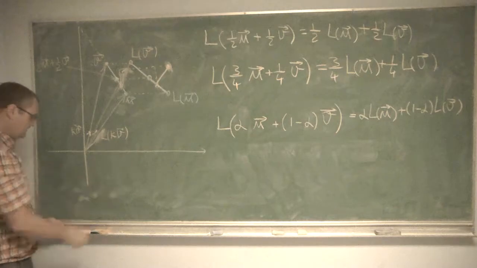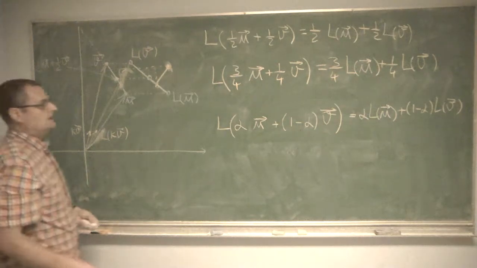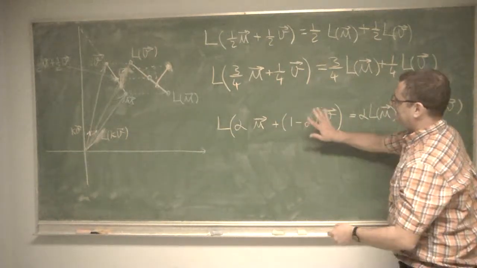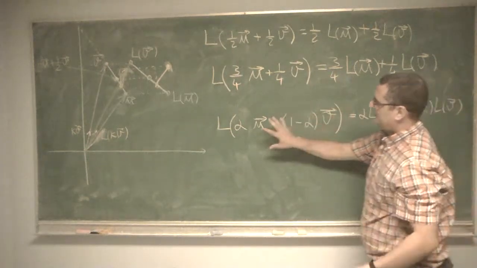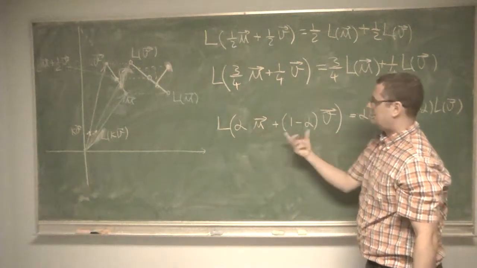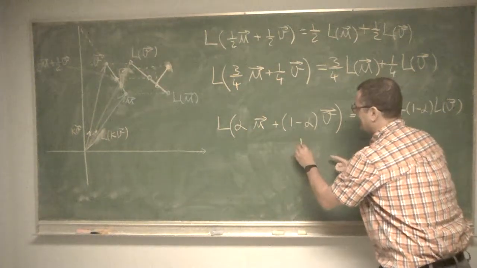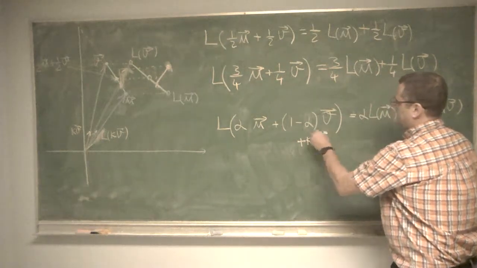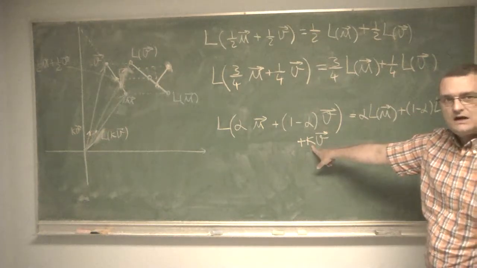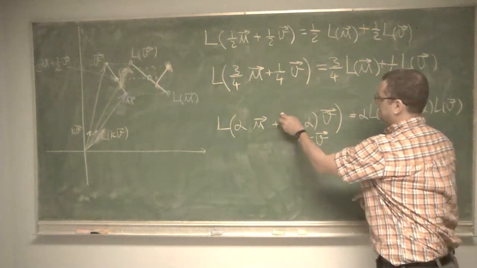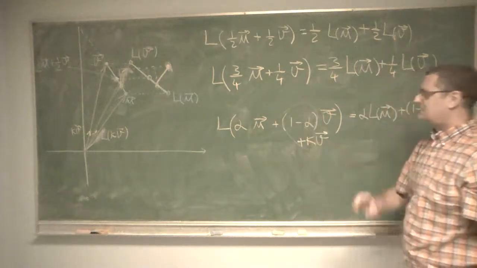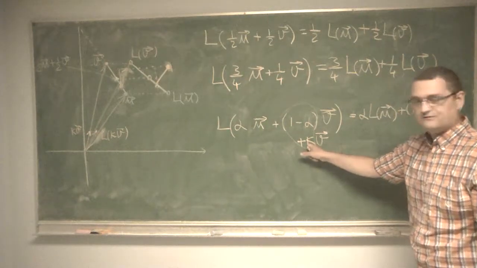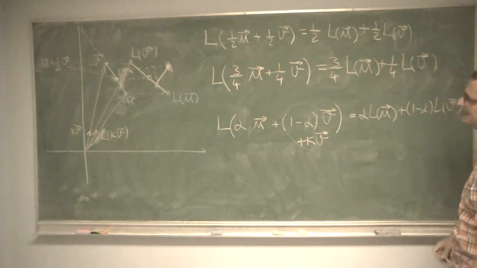In other words, L of kV is k L of V. So, if instead of letting the coefficient multiplying V depend on alpha, simply as 1 minus alpha, I can add kV with k being an arbitrary scalar, so that this scalar 1 minus alpha plus k is arbitrary and does not depend on alpha, because this guy is free of alpha.